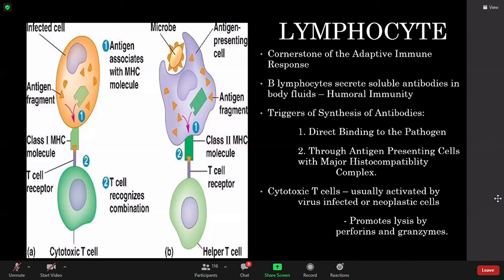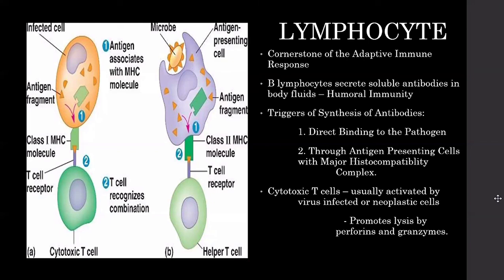It is the cornerstone of the adaptive immune response. So, kaya nga nangyayari sa HIV, recurrent infections kasi kulang na ng lymphocytes, mainly T lymphocytes. The B lymphocytes secrete soluble antibodies. Na-discuss na natin yan. That is the so-called humoral immunity.